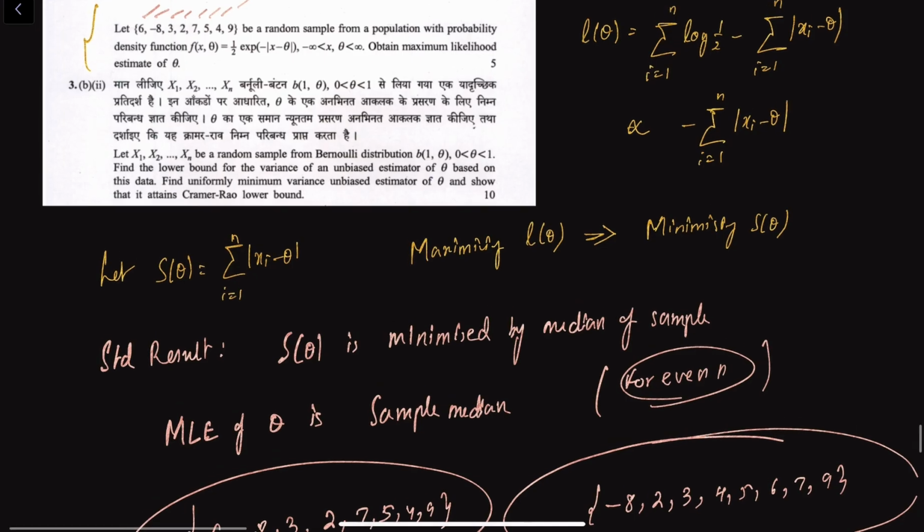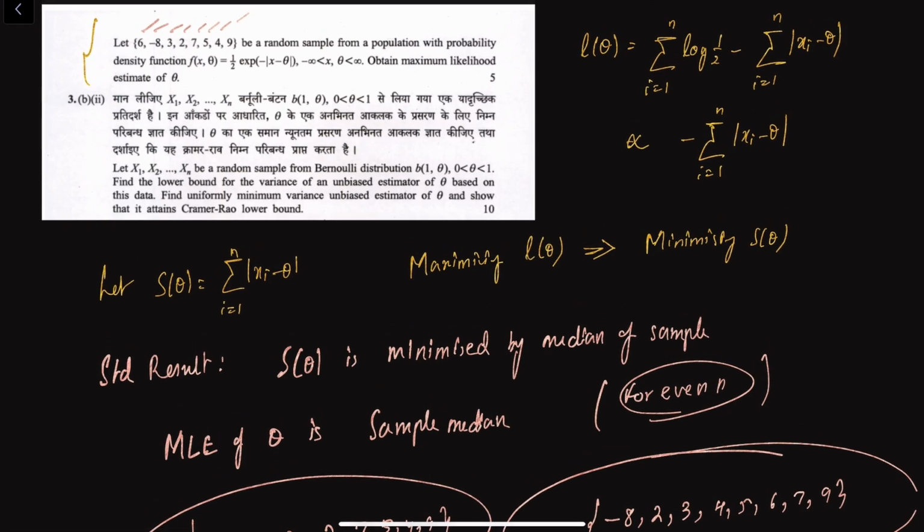Now if we consider the second part of the question, we were given x1, x2 and so on xn, a random sample from a Bernoulli distribution where 0 < θ < 1, and we need to find the lower bound for the variance of an unbiased estimator of θ based on this data.